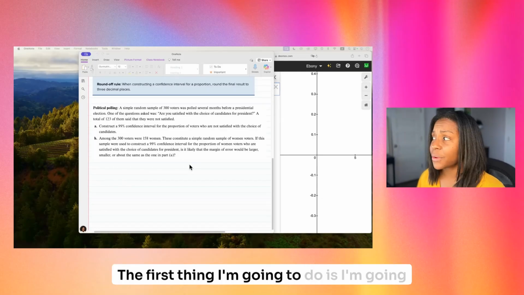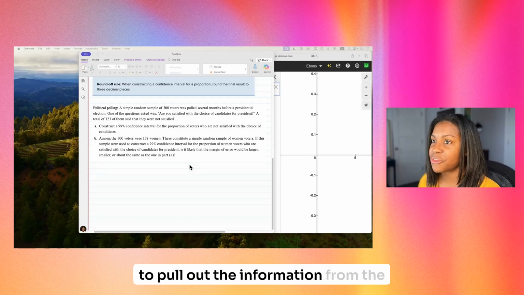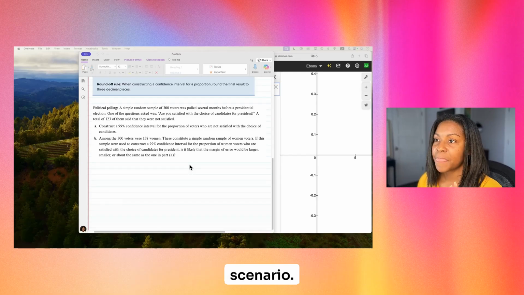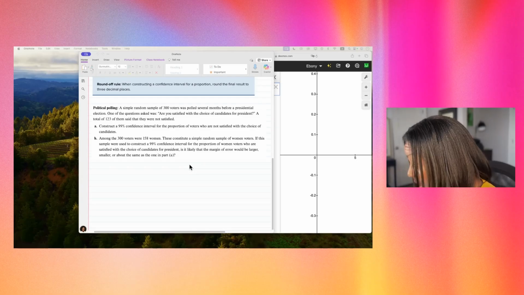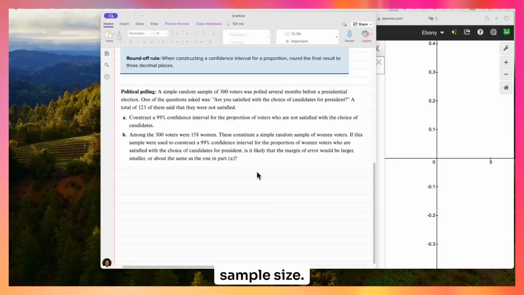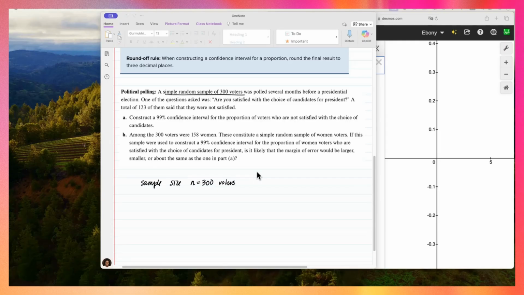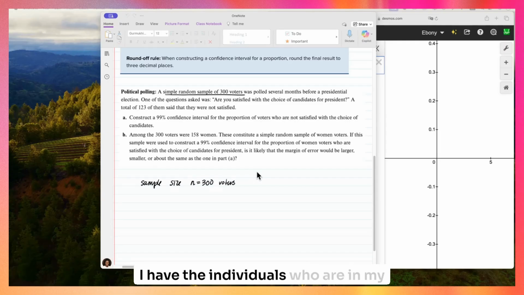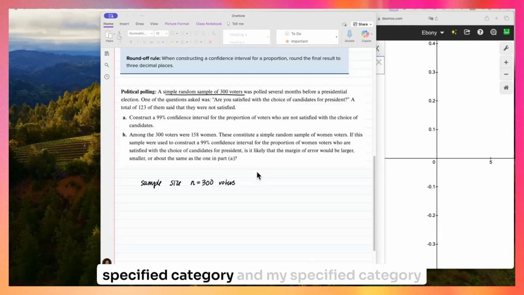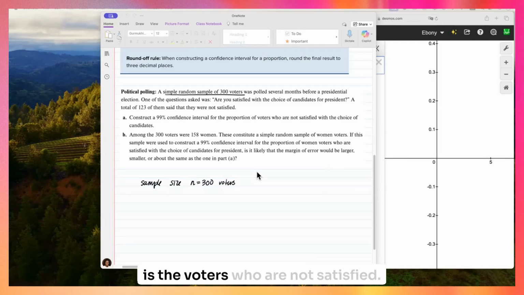The first thing I'm going to do is pull out the information. I have my sample size n equal to 300, and these are the voters. I have the individuals who are in my specified category, and my specified category is the voters who are not satisfied.